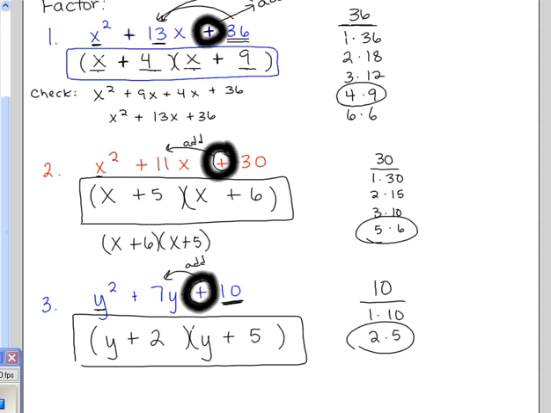Okay, when that last number is positive, the two signs in your binomials will always be the same. Here they were all positive, and it's because this middle term was positive. Okay, in the next video, we'll look at what happens when the middle term is a negative number.